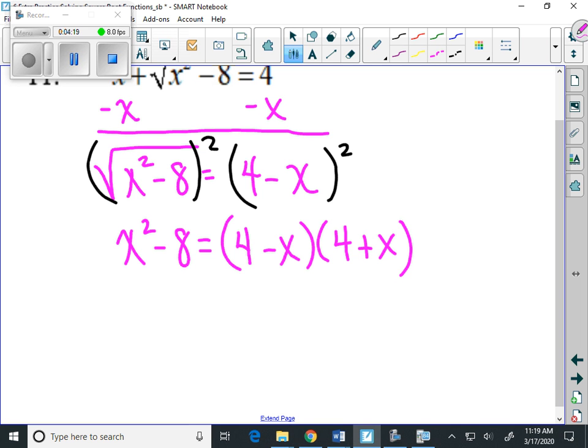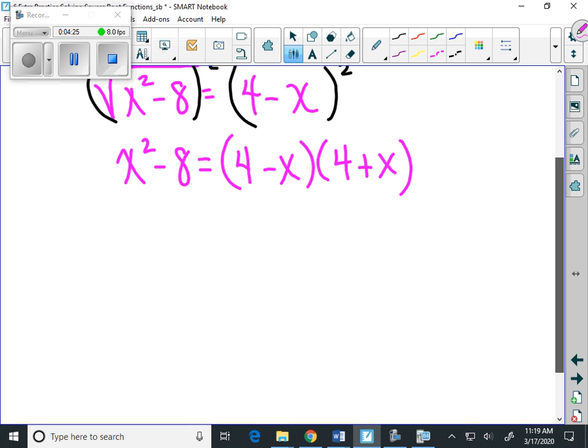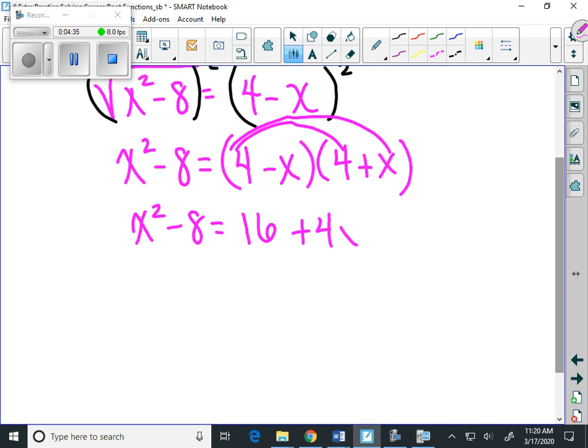And we either need to double distribute or FOIL, whatever your Algebra 1 teacher called it.